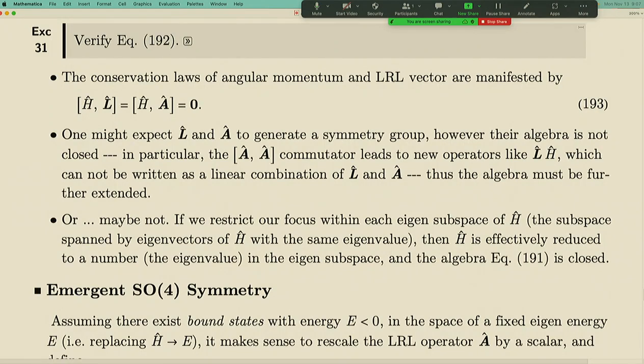That means focus on an energy level, because within each energy level, there are still degeneracies. There can be multiple states that have the same energy. So it's still non-trivial.